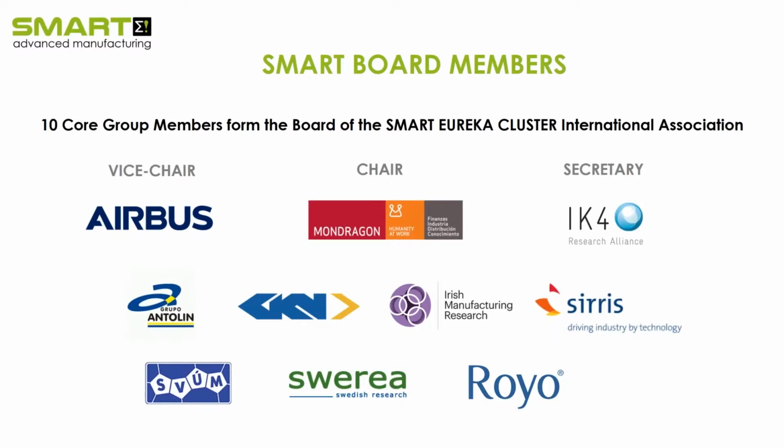The vice chair is Airbus and the secretary IK4, and we have some other companies and entities coming from the different countries supporting SMART. Grupo Antolin is from the automotive sector, GKN Aerospace from the aerospace sector, and Grupo Rolo is a consumer goods producer, and we have representatives also from the research center institutions like RISE.